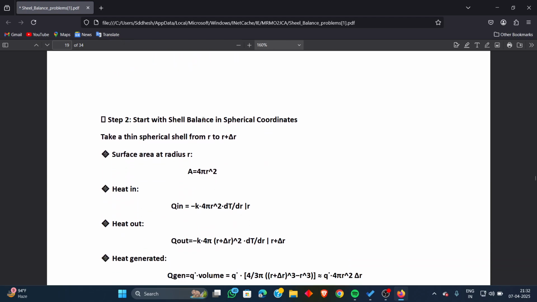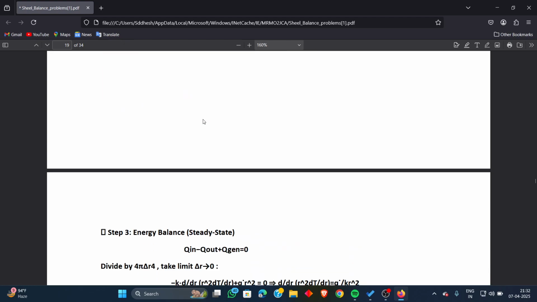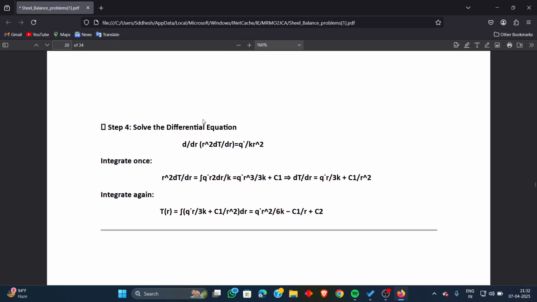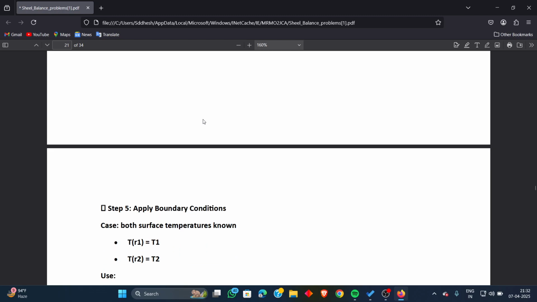Step two is to start the shell balance in spherical coordinates using the area in various ways and writing it down. Step three was the energy balance in the steady state. We use the limits and understand the equation there. Step four was solving the differential equation and integrating it twice to get the equation for the temperature profile.